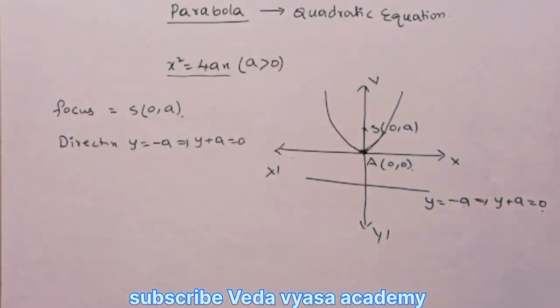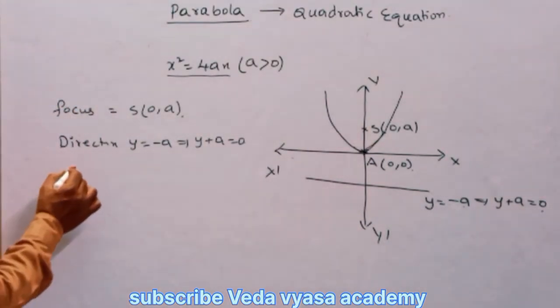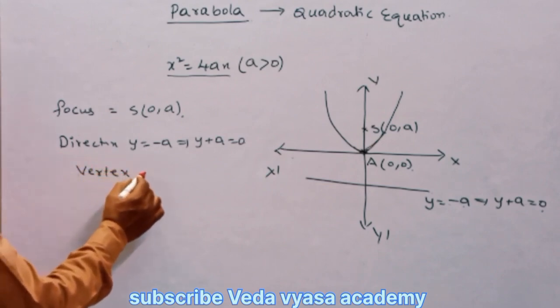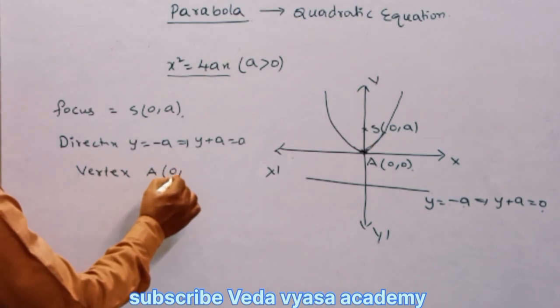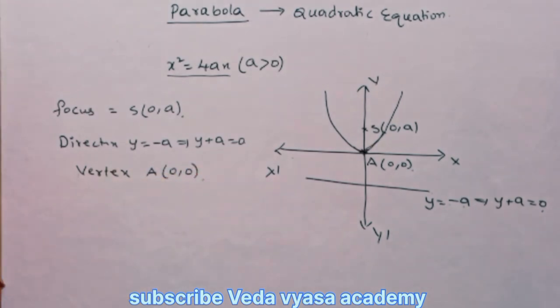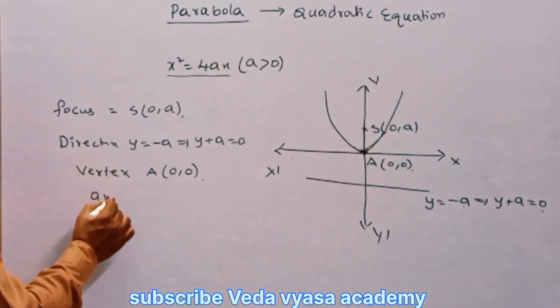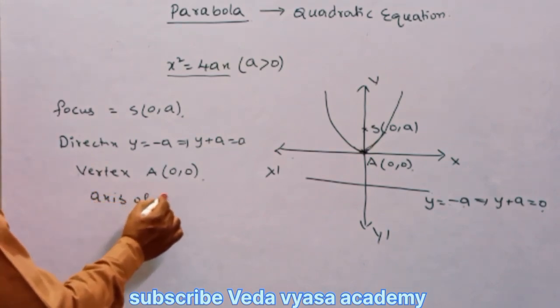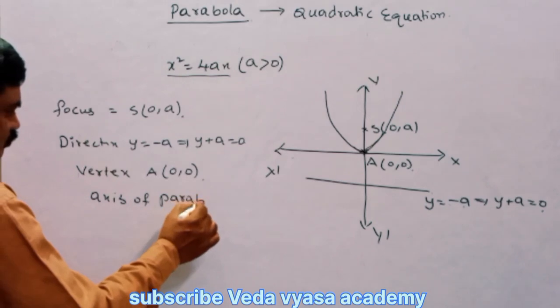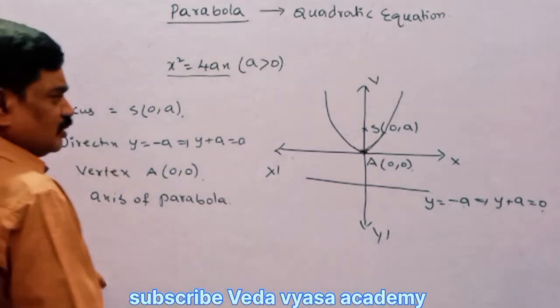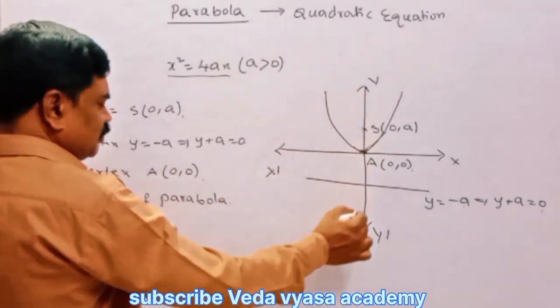Okay, all of you. And the vertex 0 comma 0 is the vertex, and axis of parabola. What is the axis of the parabola?